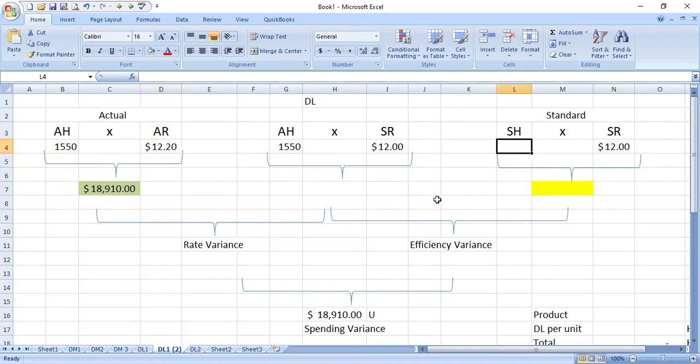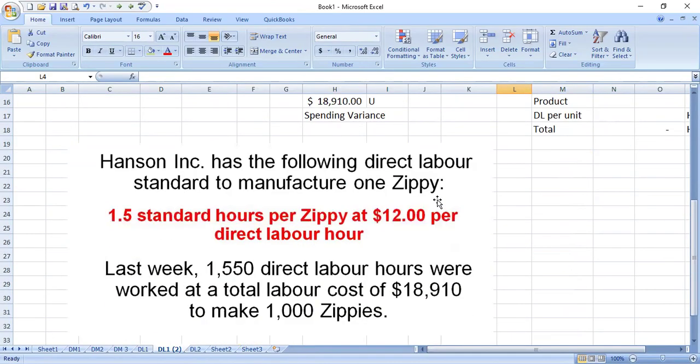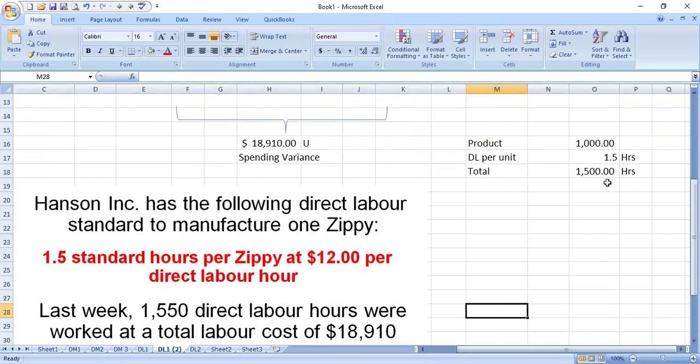The last piece of information was how many standard hours we actually need to produce those 1,000 units. So our production is 1,000 units, and based on our standards, we're supposed to spend 1.5 hours per unit. So in total, we need 1,500 hours.